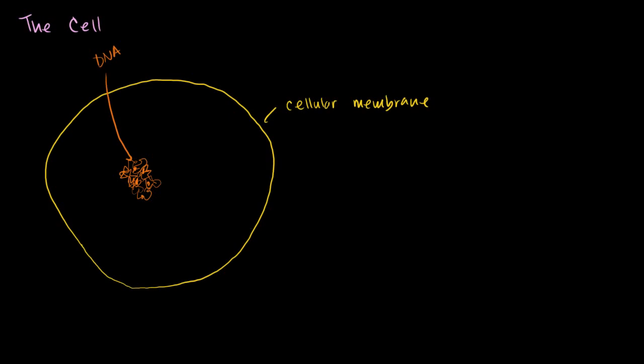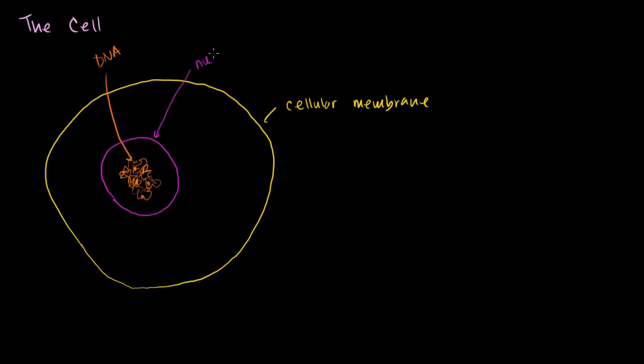Now, here's the first major division in the living world, or at least from our point of view, or that it seemed obvious, is that some cells have a membrane around the DNA. So they'll have a membrane around the DNA that separates the DNA and the chromatin and everything that makes up the stuff within the DNA, separates that from the rest of the cell. And this is called a nucleus.